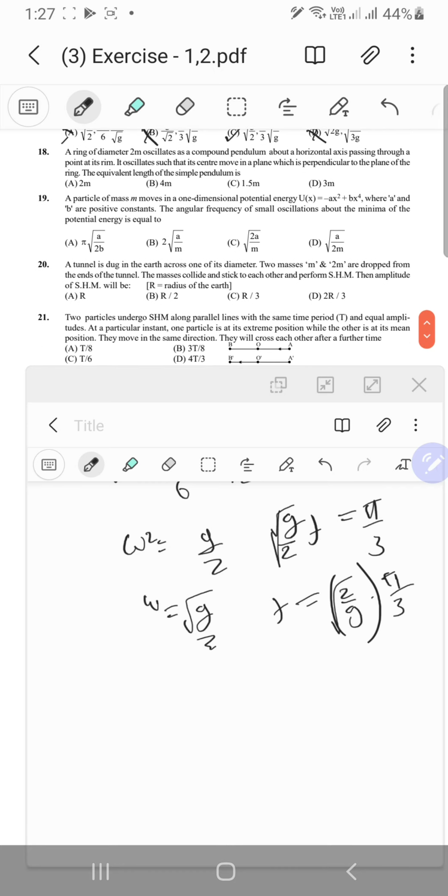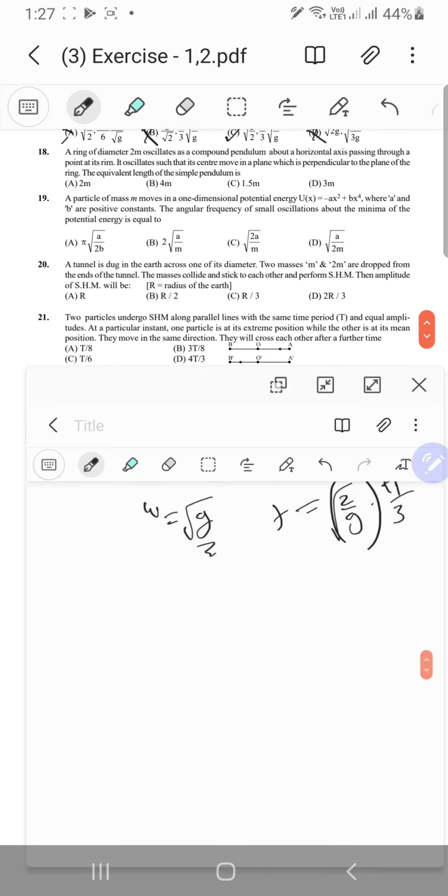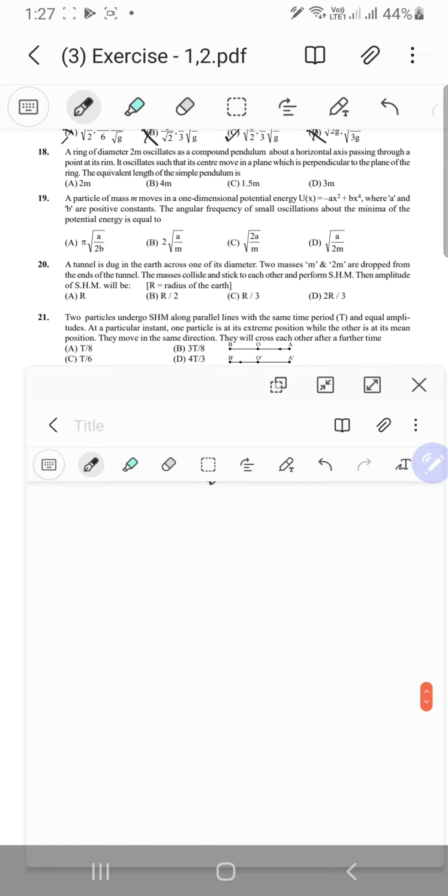Next, a ring of diameter 2 m oscillates as a compound pendulum about a horizontal axis passing through a point at its rim. It oscillates such that its center moves in a plane which is perpendicular to the plane of the ring. So this is the axis around which it is rotating, here's the point, and this is the center which is moving perpendicular to the plane of paper.